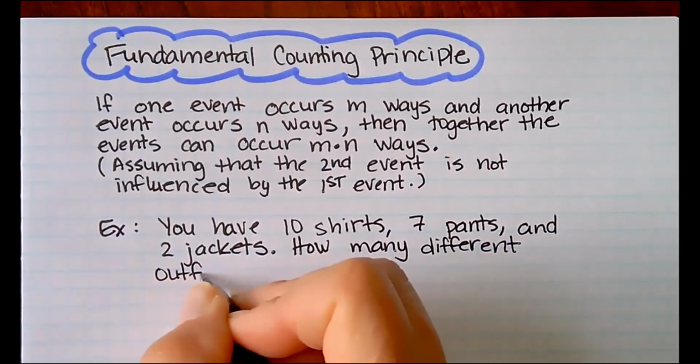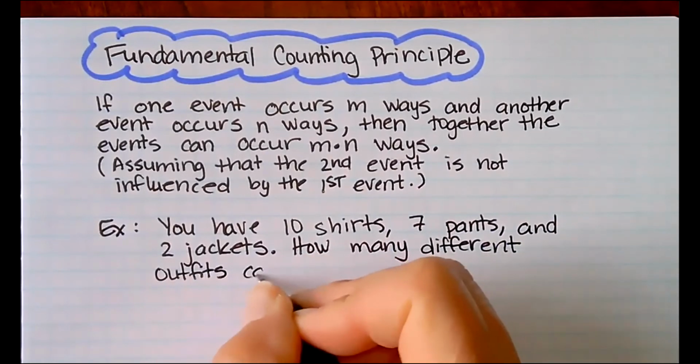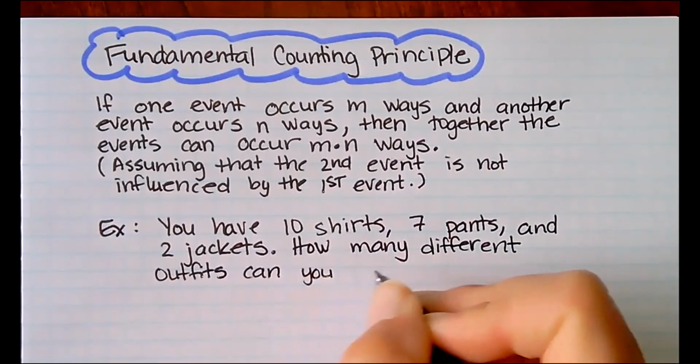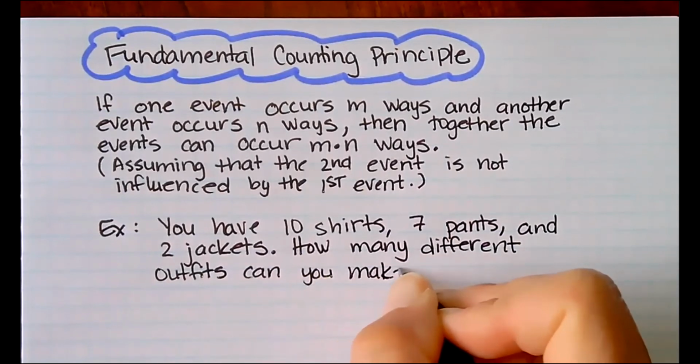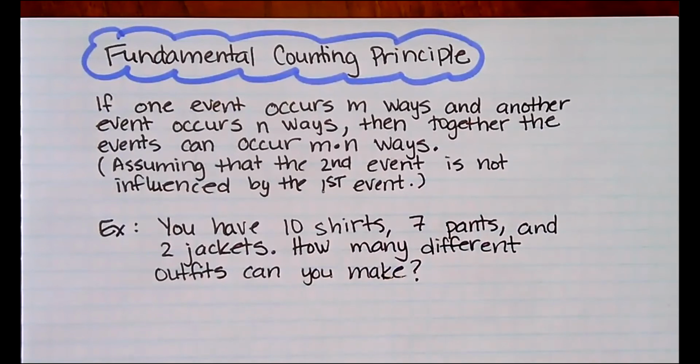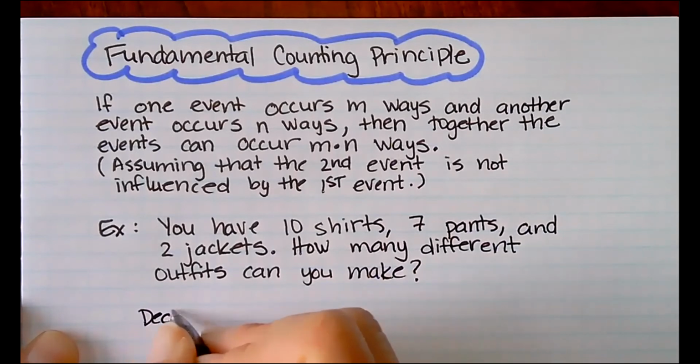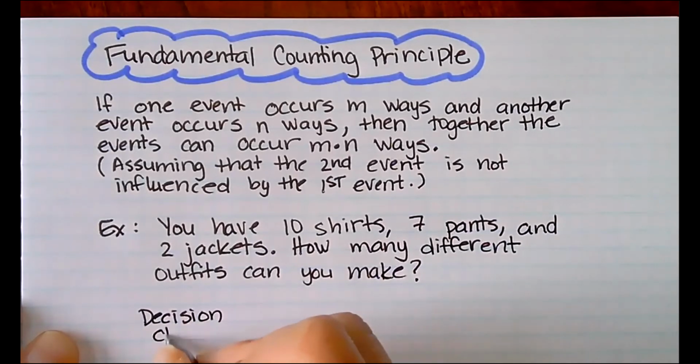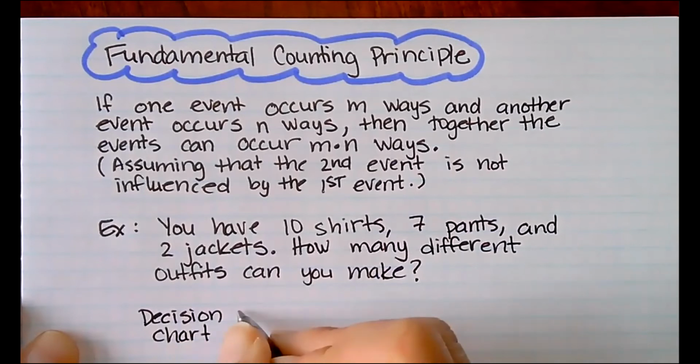We're going to assume that either everything matches or you don't care. So we're going to make something called a decision chart, and then we're going to use the fundamental counting principle idea.